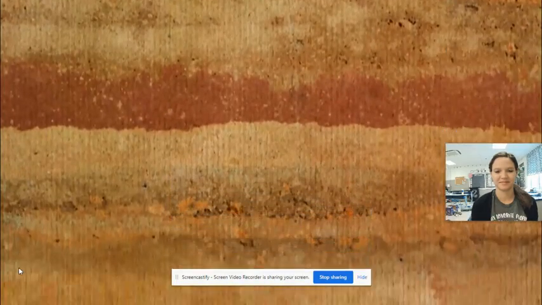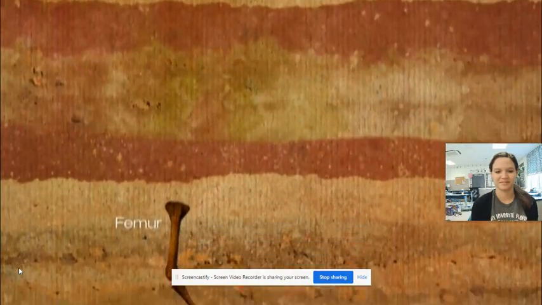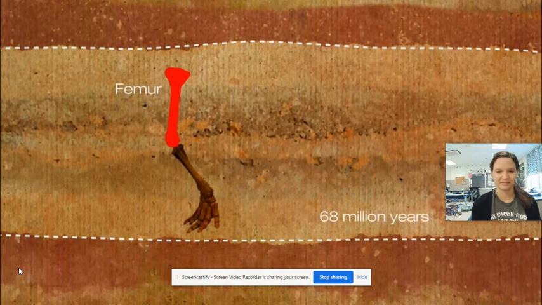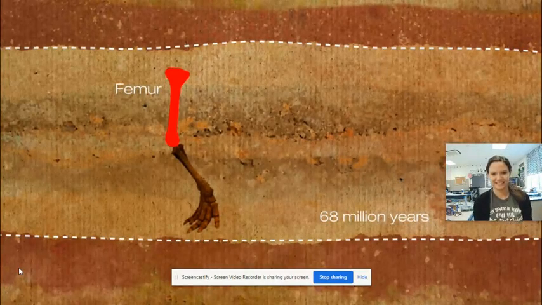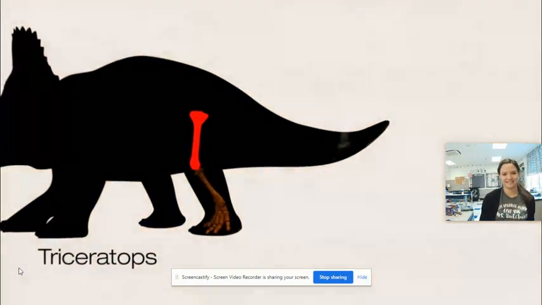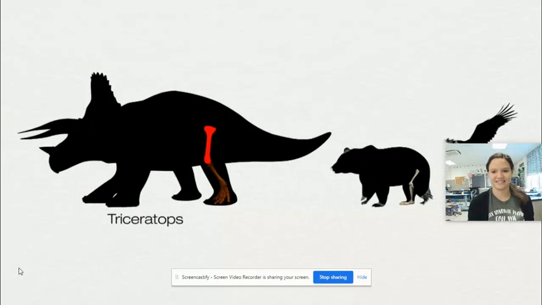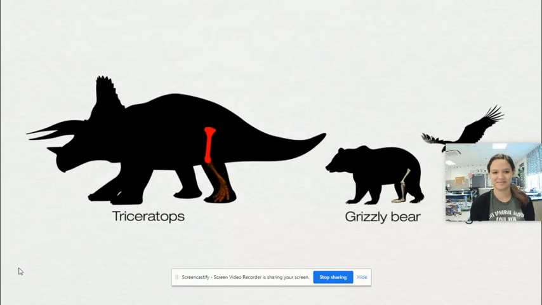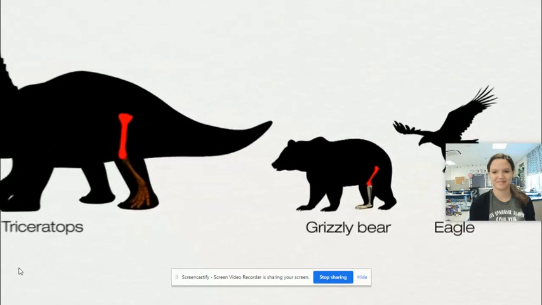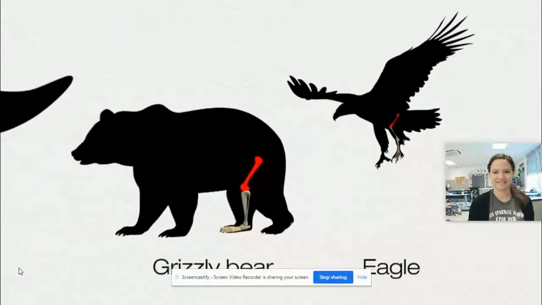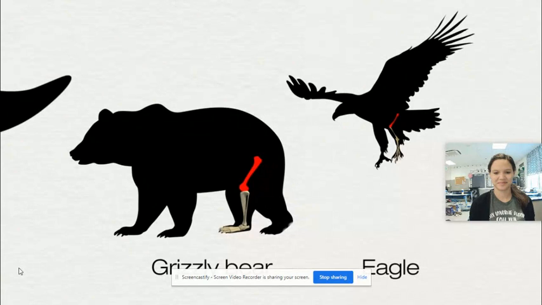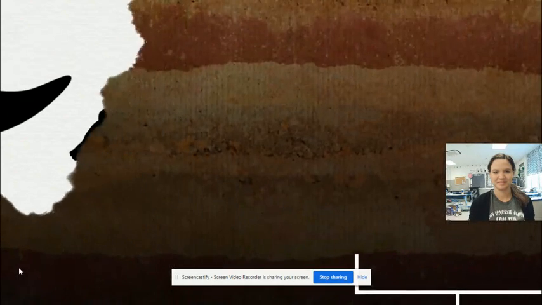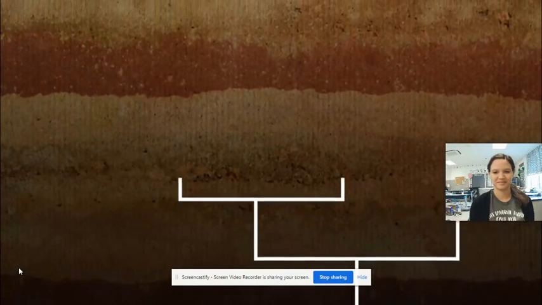Pull a fossil of a dinosaur femur or thigh bone out of a rock layer that's, say, 68 million years old, and you know that dinosaur must have lived about 68 million years ago, and you can compare it to the femurs of animals both extinct and alive today, which will give you an idea of how those organisms are related, and how the femur in particular has been adapted to suit new organisms in new environments over and over again. The fossil record provides strong evidence for evolution.